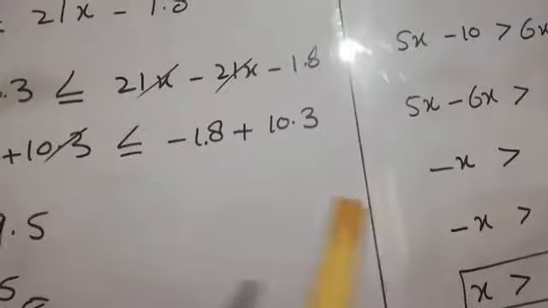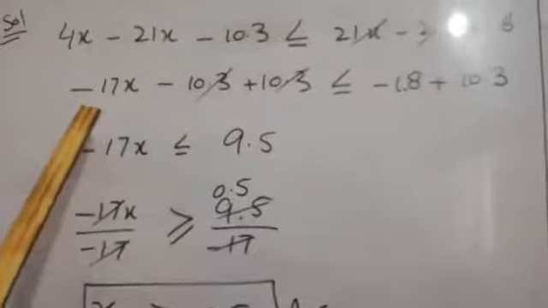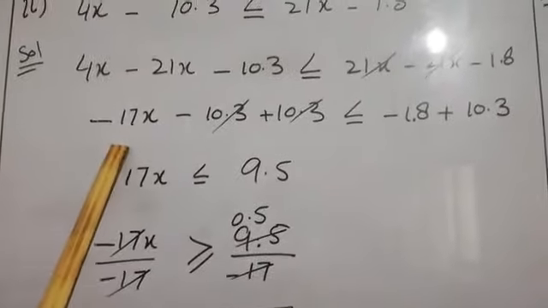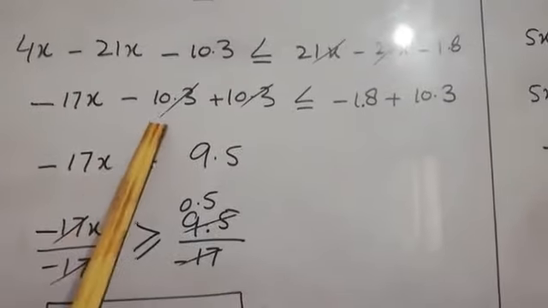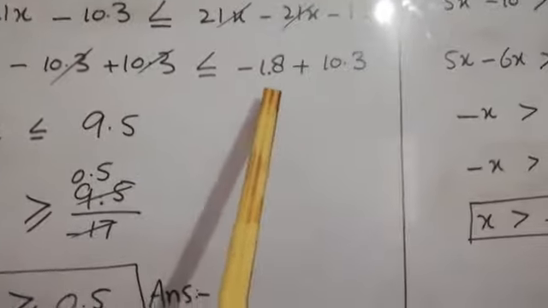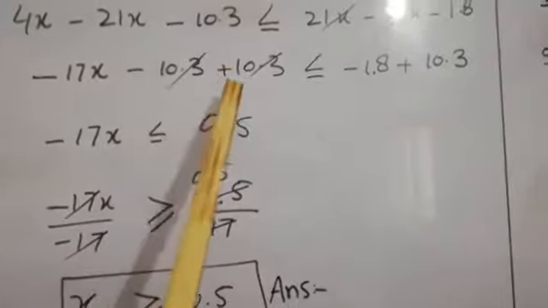In this inequality, my dear students, 21x will be cancelled by 21x, and we have 4x minus 21x is minus 17x, and now add 10.3 on both sides: minus 17x minus 10.3 plus 10.3 is less than or equal to minus 1.8 plus 10.3. These two values will be cancelled out.